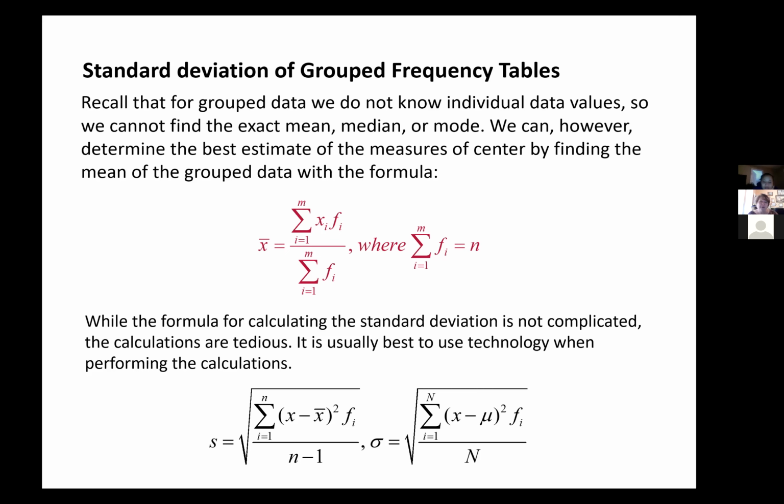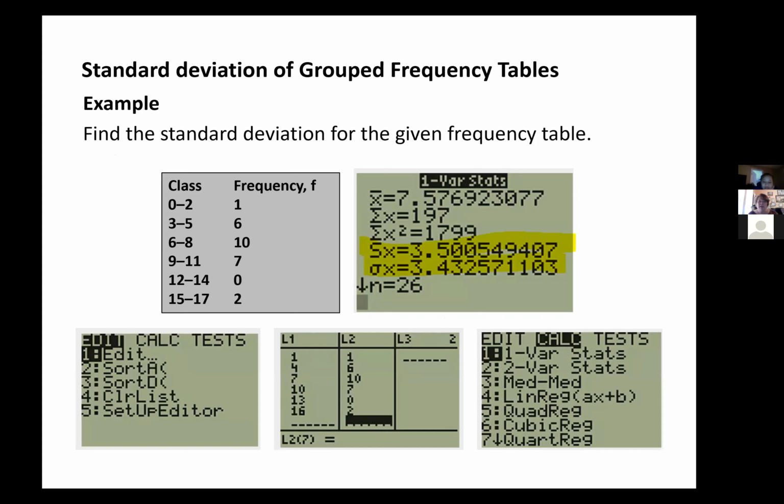Now, when you calculate statistics from grouped data, you don't get exact values because it's grouped. And what we use is the midpoint of our classes to calculate our statistics. So we have here an example where we have 6 classes over here on the left.